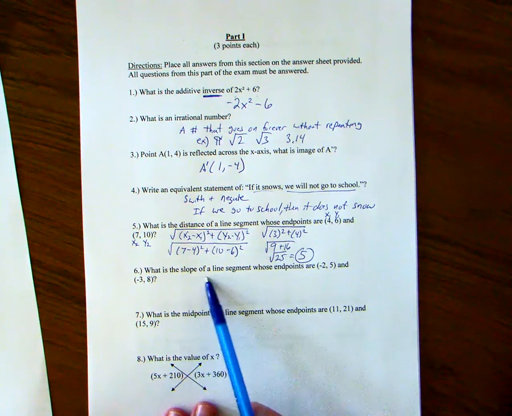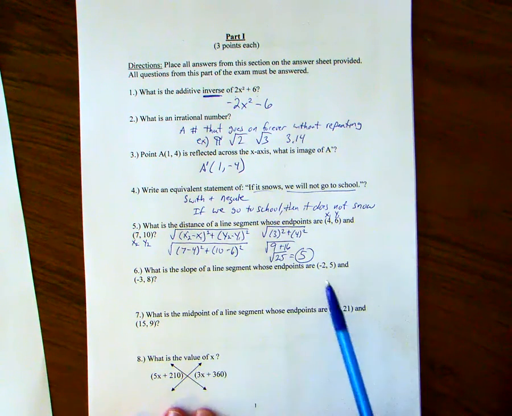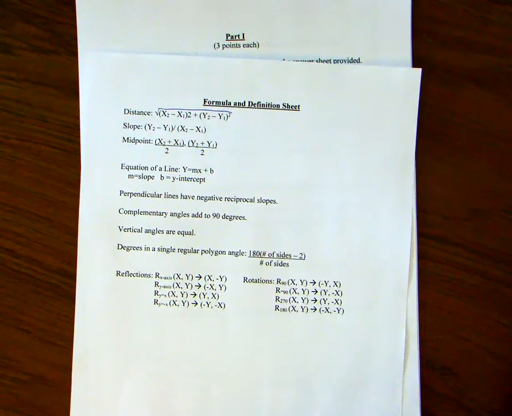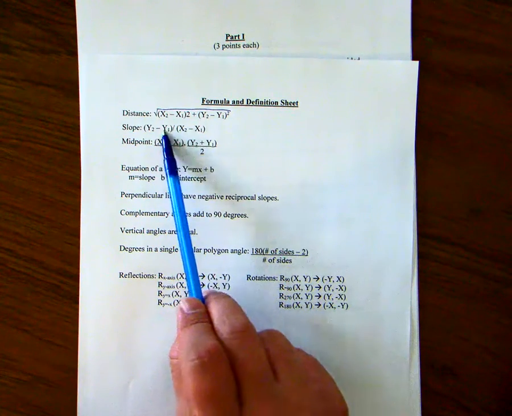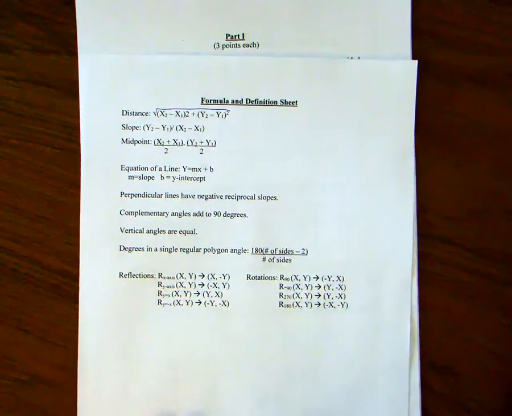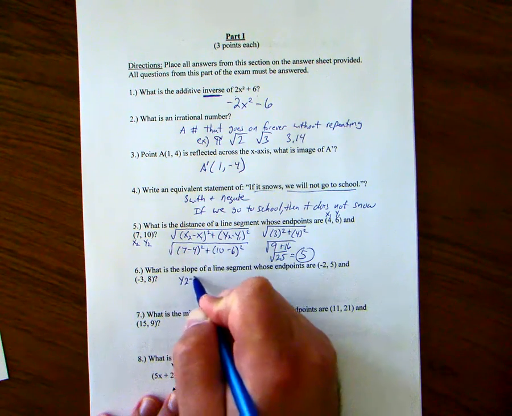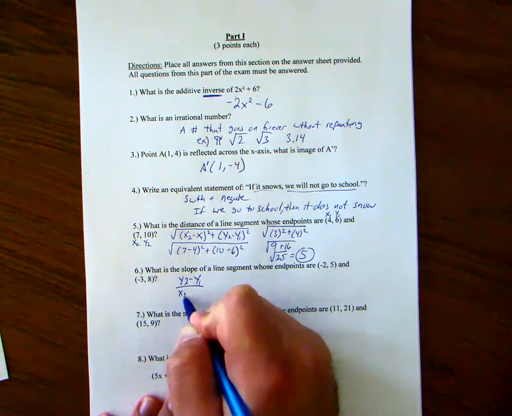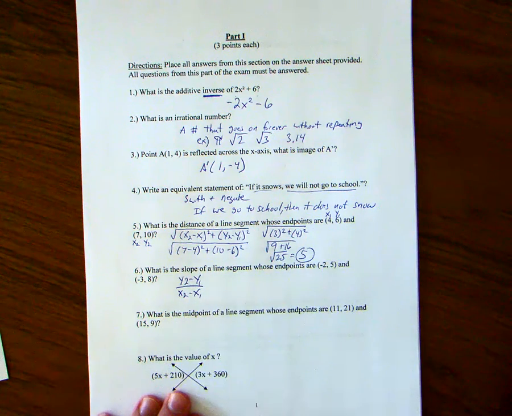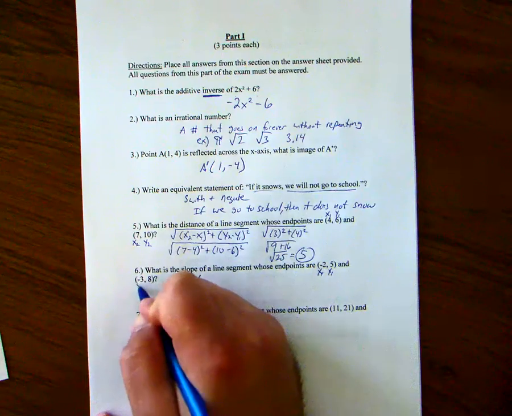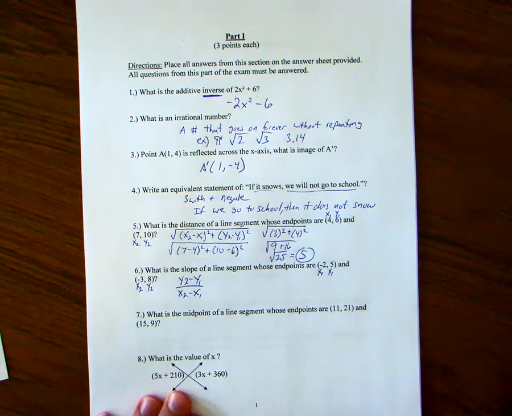Number 6, what is the slope of a line segment whose endpoints are negative 2, 5 and negative 3, 8? So my slope is y2 minus y1 over x2 minus x1. Let's write it down. y2 minus y1 over x2 minus x1. And we just labeled the same way. x1, y1, x2, y2.